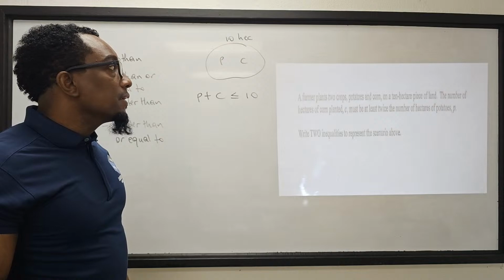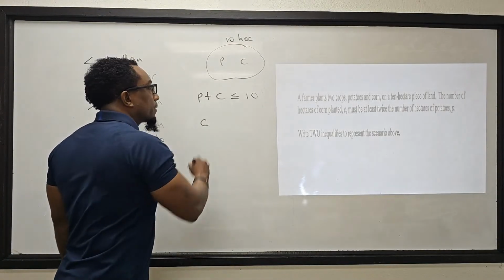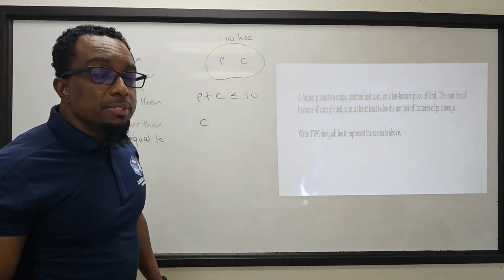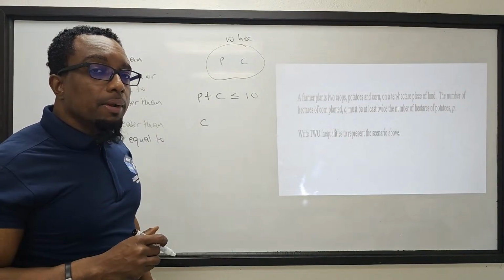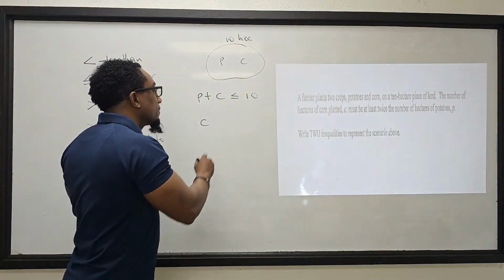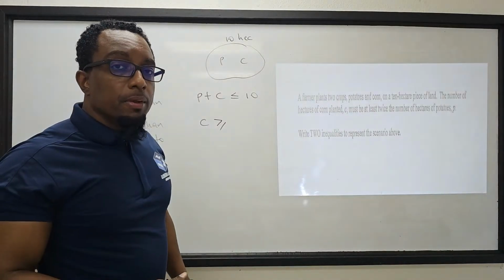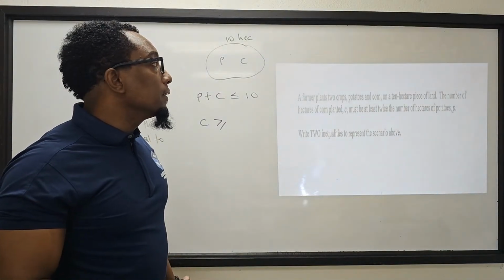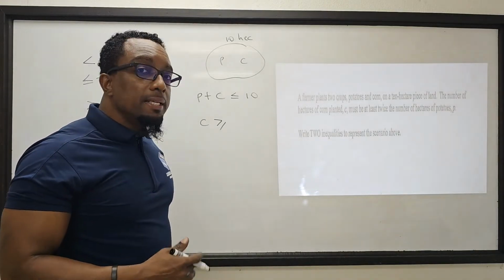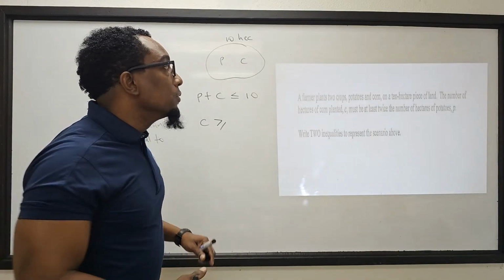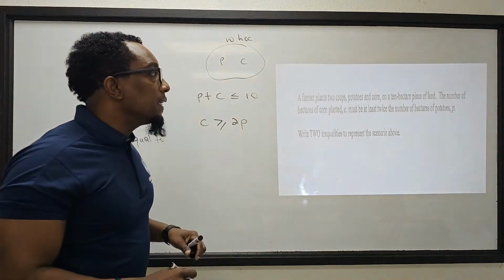And then it says that the number of hectares of corn planted, C, must be at least twice. At least means greater than or equal to. When I say at least 2, it means 2 or more. So C must be greater than or equal to twice the number of hectares of potatoes planted.